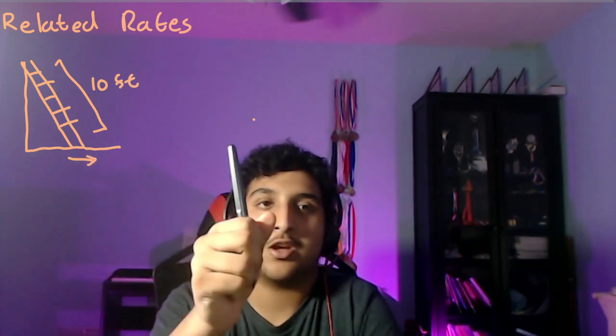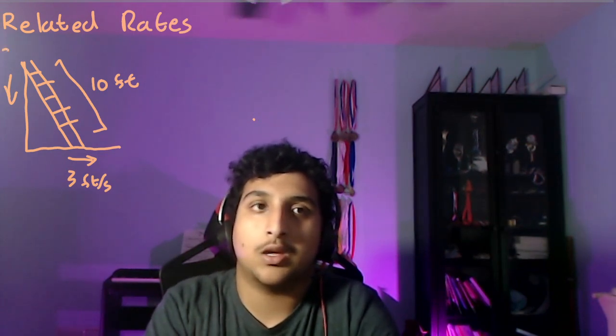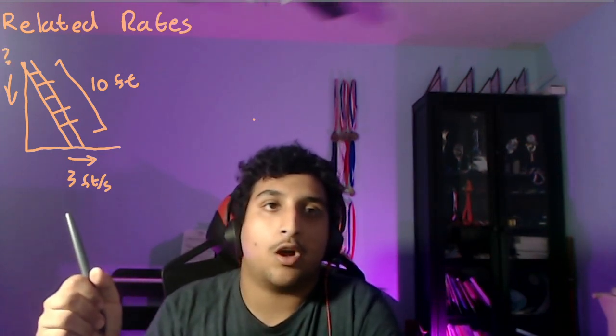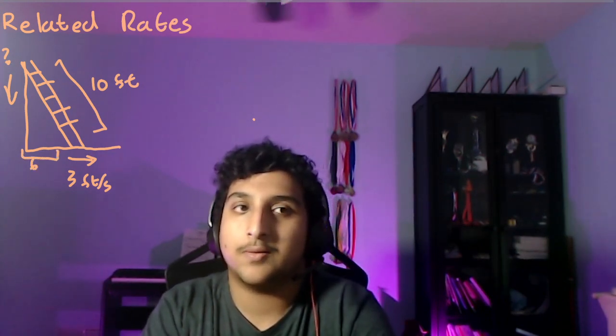Initially, it rests all the way up, like flat, but then we start moving the bottom away from the wall, and we know that we are pulling the bottom away at 3 feet per second. We want to find how fast the top of the ladder is moving when the bottom of the ladder is 6 feet from the wall. So this is the 6 feet case, right?